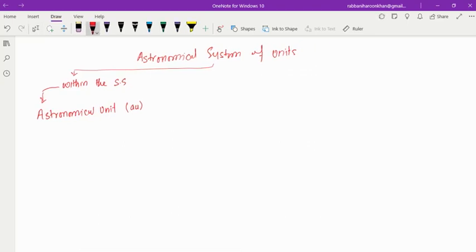And the other kind of astronomical system units is related to outside of the solar system, right?